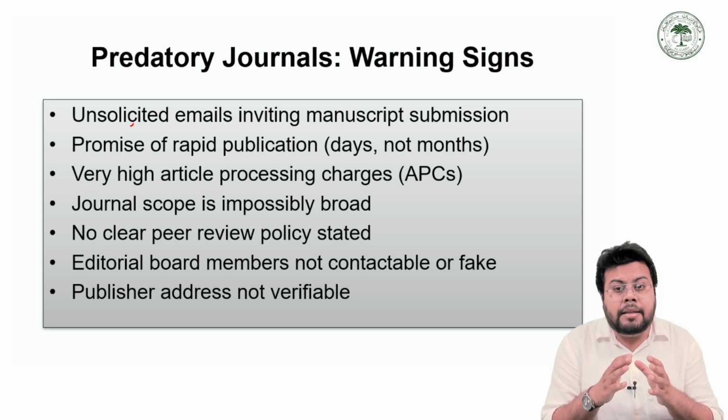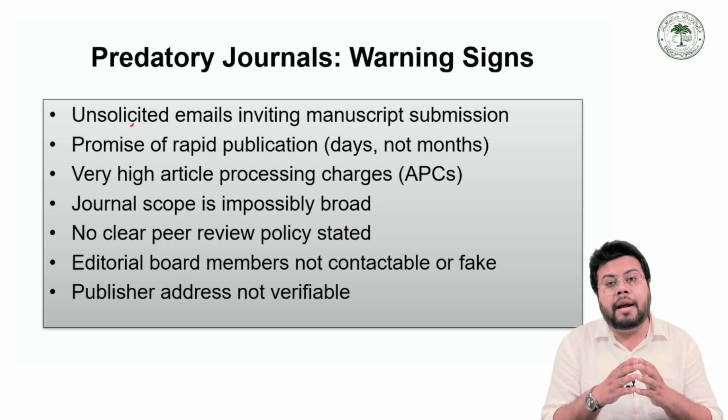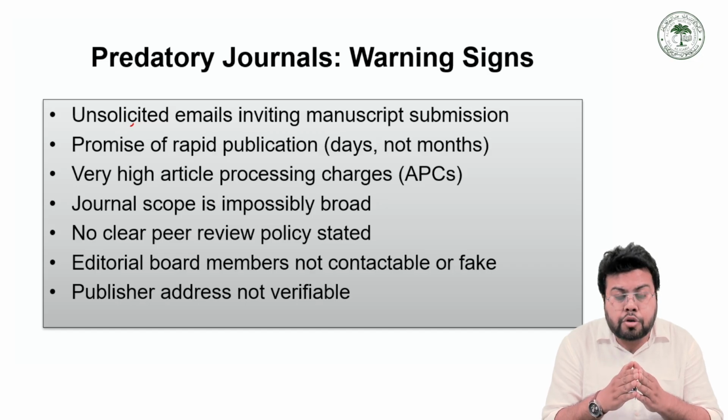So, recognizing these signs helps researchers avoid weak academic evidence. If you are new to academics or if you are starting your academic career, make sure you take care of these points very carefully in order to take off your academic career.